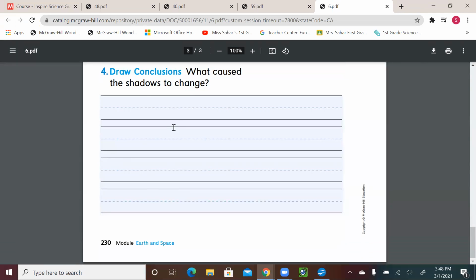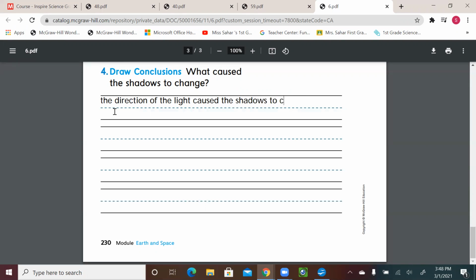So we can say, what causes the shadows to change? The direction of the light, because that's what we're going to see. So draw a conclusion, say what's the main idea. The conclusion is that we know now that the direction of the light caused the shadows to change.